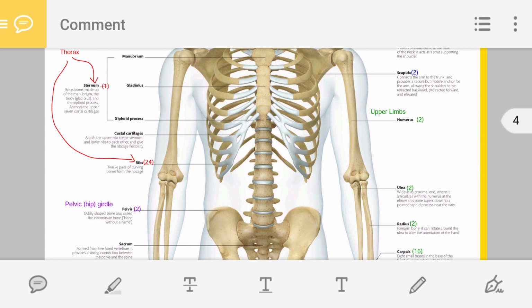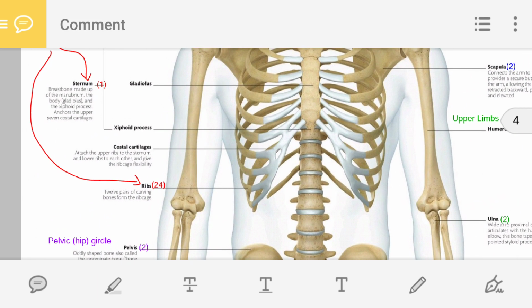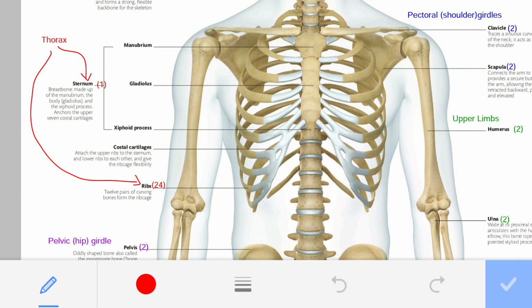Now in the thorax, for example, one sternum. You can see this is the entire sternum they are showing here.